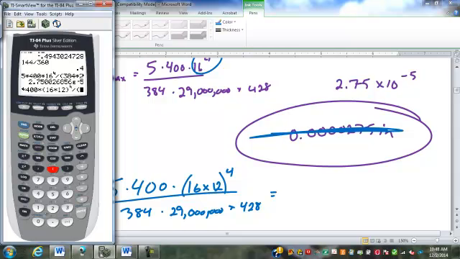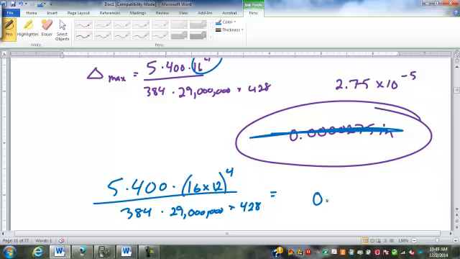That's better, 0.57. That's about what I was expecting out of that. So 0.57 inches is what we are going to flex.